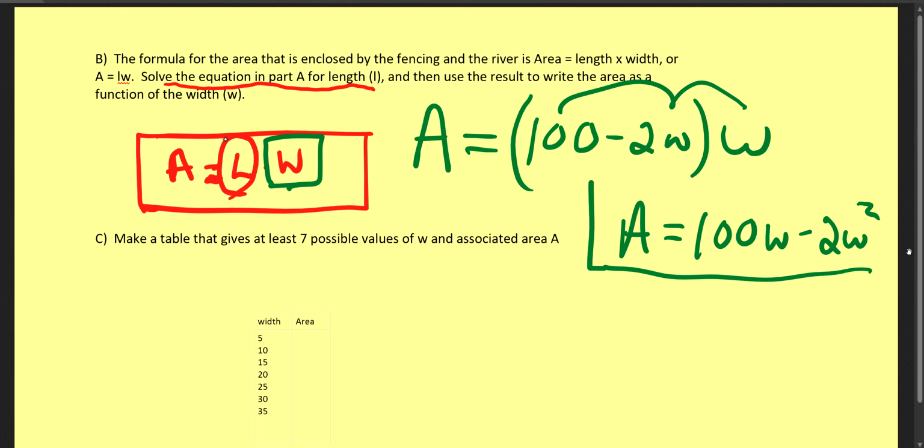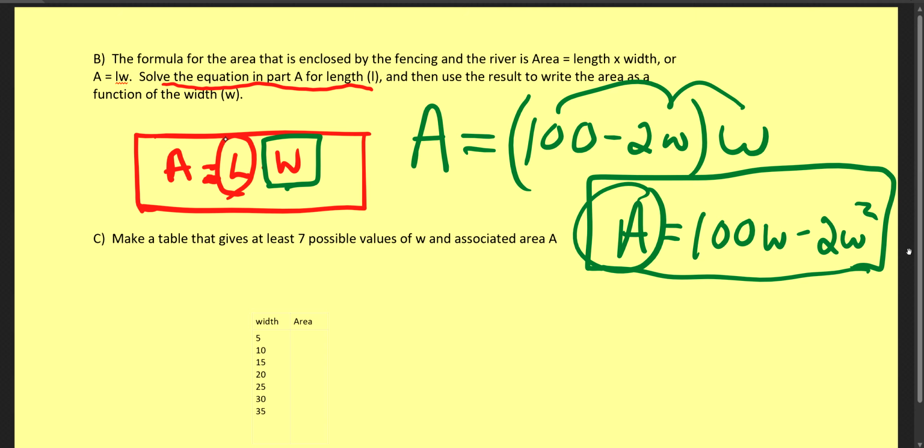This is part B. Part C: make a table that gives at least 7 possible values of W and associated area A. Here's the A they're talking about, and I want to plug 7 values into this function here.